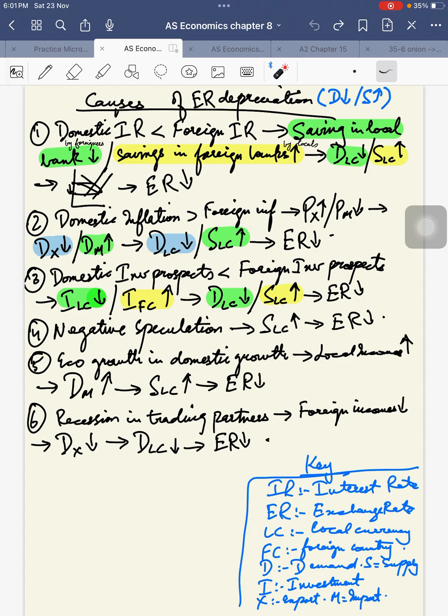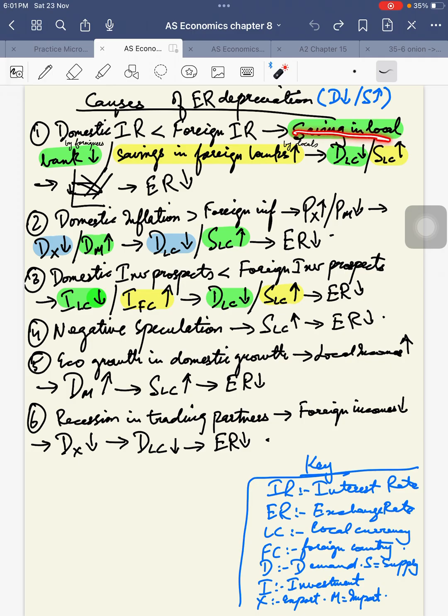The first cause of exchange rate depreciation is when the domestic interest rate is less than the foreign interest rate. So let's suppose interest rate in Pakistan falls. When interest rate in Pakistan falls, and maybe it's less than the interest rate in Dubai, what happens?